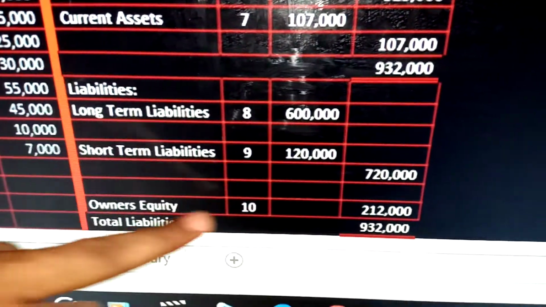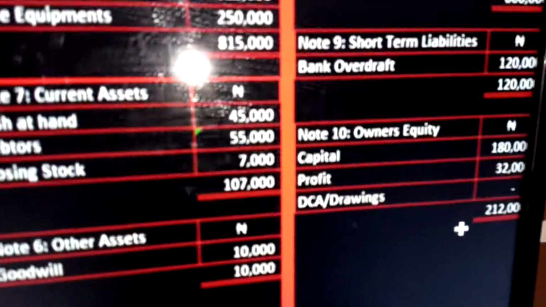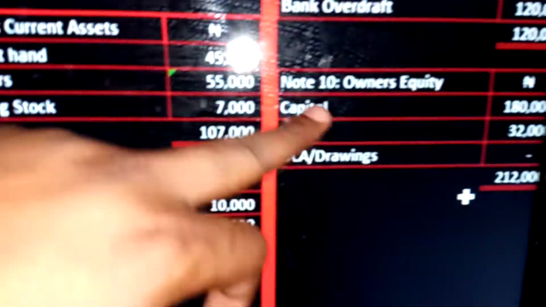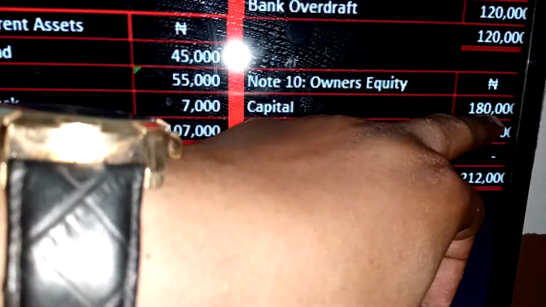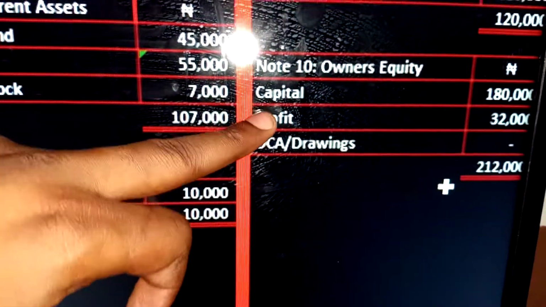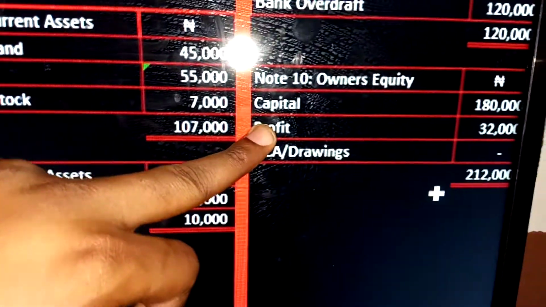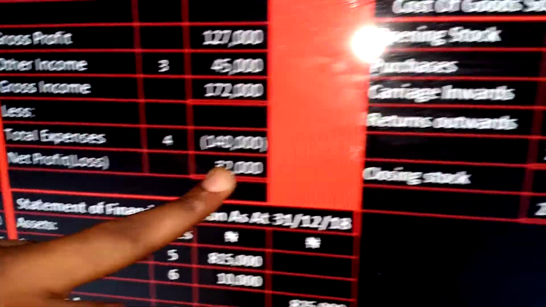So we have owner's equity, note 10, 212,000. So let's go. What make up your owner's equity? Look at it. We have owner's equity here. We have capital, 180,000, which is what the owner has invested, right? And then there's a profit of 32,000. If you remember, go to your profit and loss account. Remember this? 32,000. That's the profit that the business made for that year.